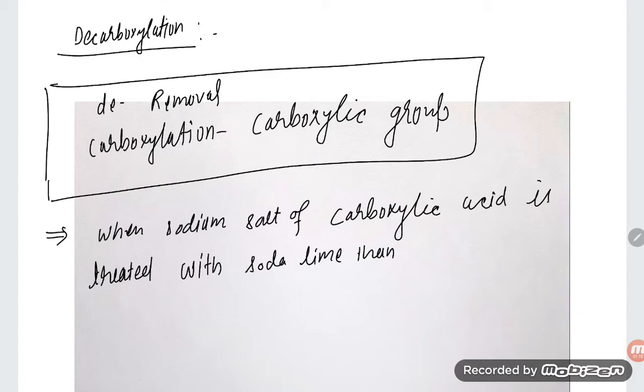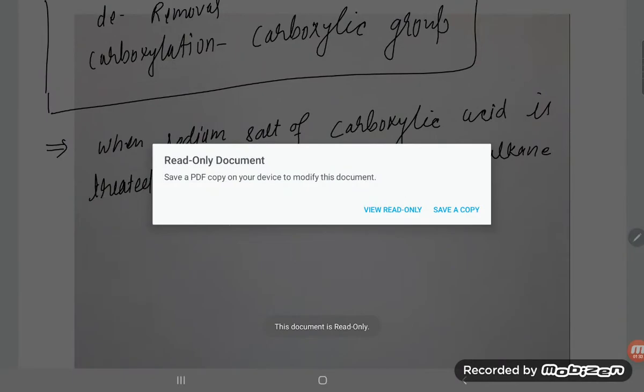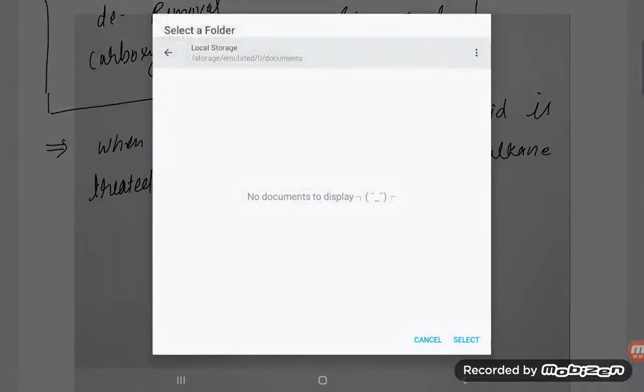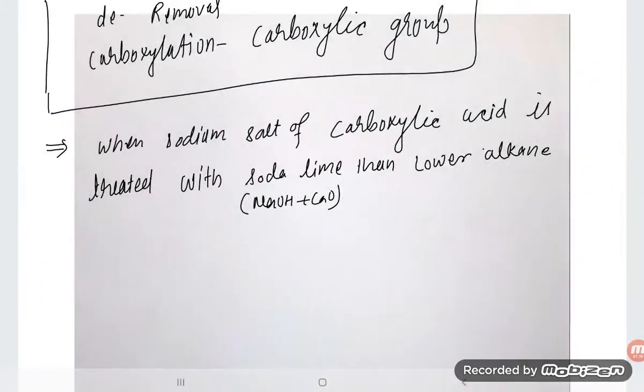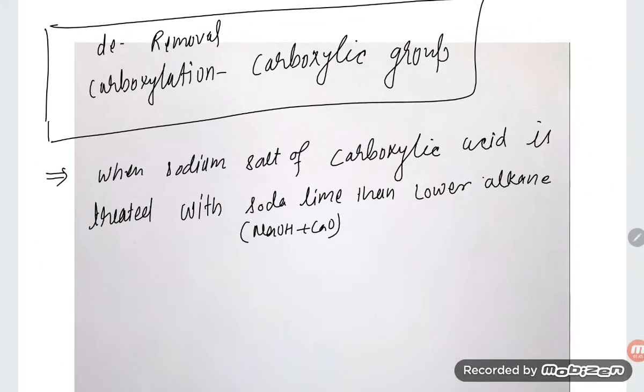Then what happens? If sodium salt of carboxylic acid is treated with soda lime, that is NaOH plus CaO, then a lower alkane is going to be formed, student. Lower alkane formed, okay?